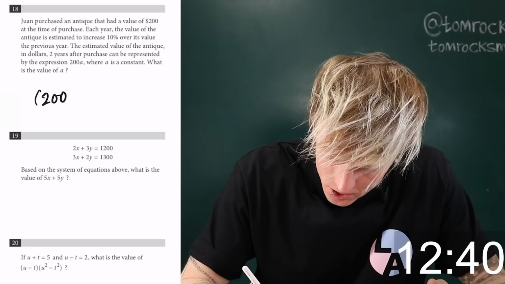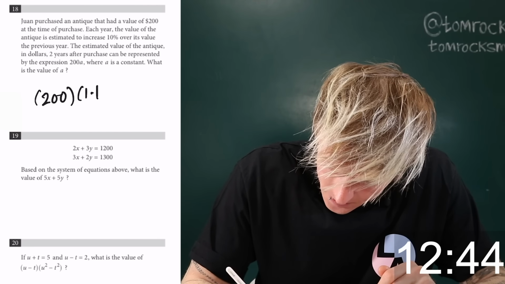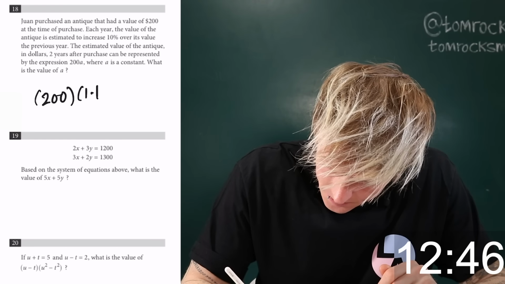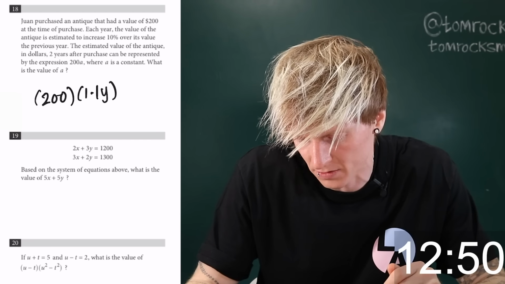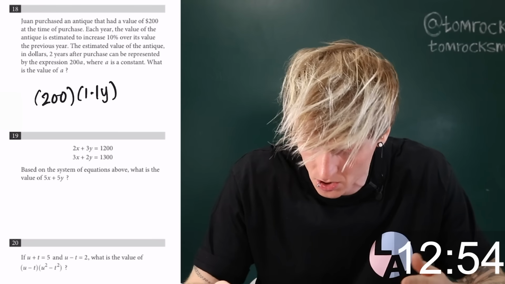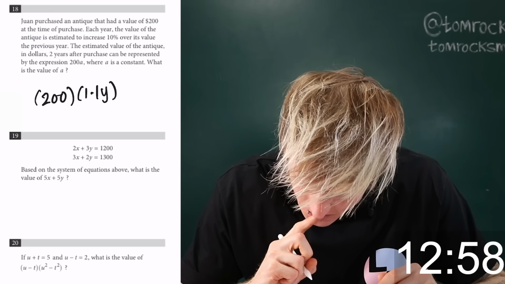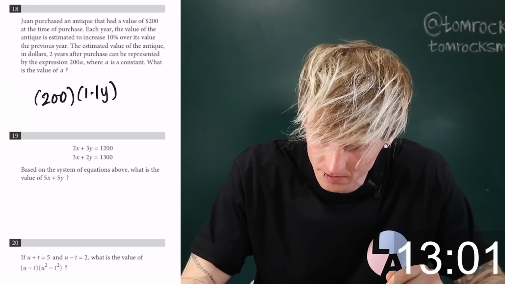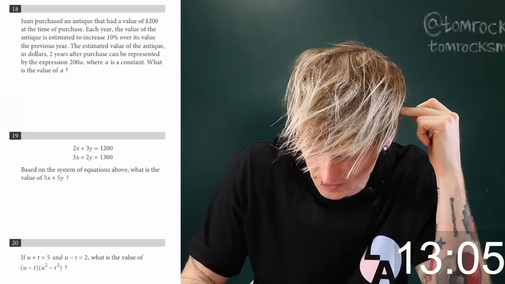So it's 200 times 1.1 times the number of years. So 1.1y. If he's owned it for a year, then it's 1.1 times it. If he's owned it for 2 years, no, it's not right, is it? Right, let's think about this. That's not right.